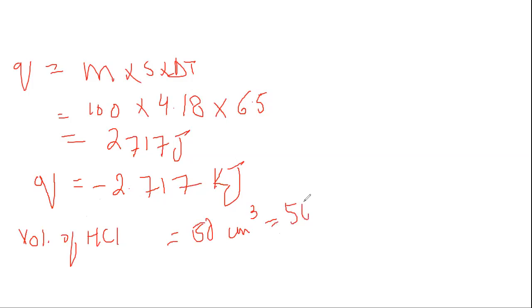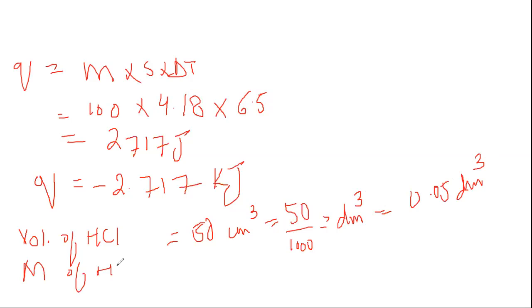If we divide this 50 by 1000, it will convert into decimeter cube. 50 divided by 1000 is 0.05 decimeter cube. Molarity of HCl is 1 mole per dm cube.